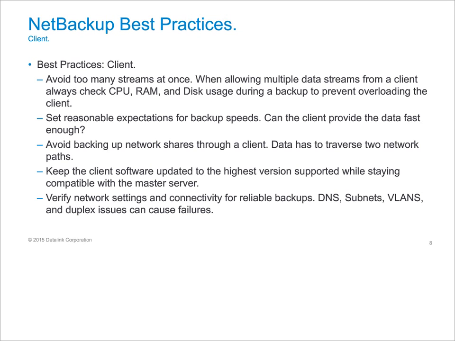You want to avoid this as much as possible to make sure that you are moving the data as efficiently as possible. And there are alternatives. One of the best practices I would recommend is using your media server as the client in that scenario and avoid using another client, so that your data moves across the network to your media server and then out to storage without having to traverse twice.